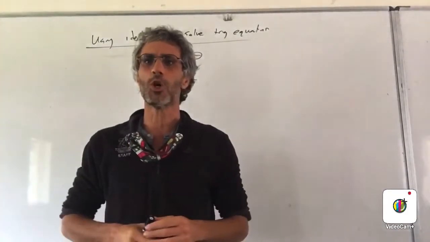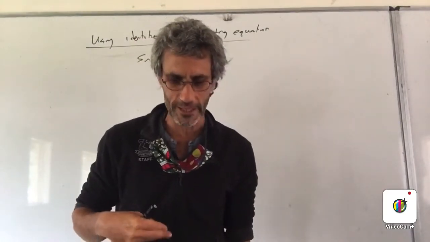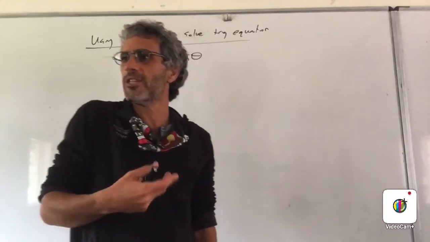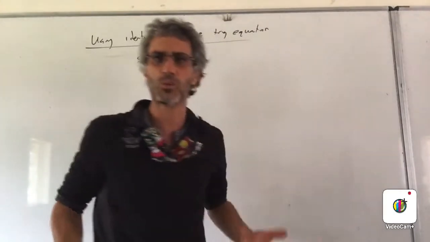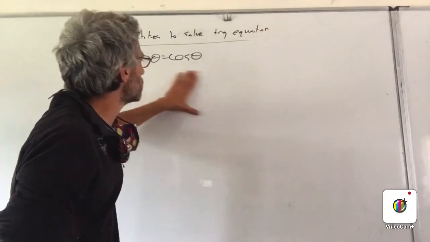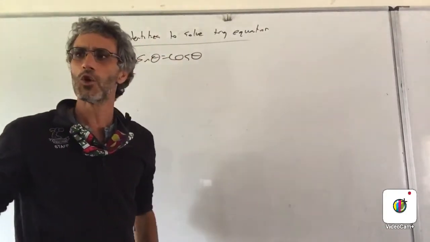We're still solving equations. In this specific example, we're going to find the general solution for a trig equation. But I could easily find a solution within an interval and find a specific solution. It's going to be the same start, but the trick we're going to have to use here is identities.